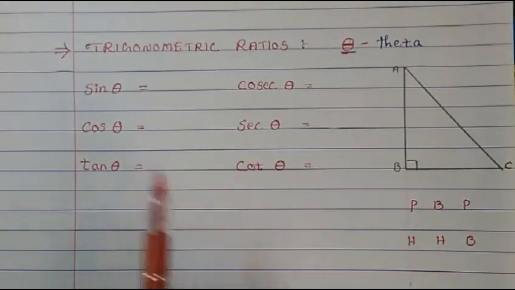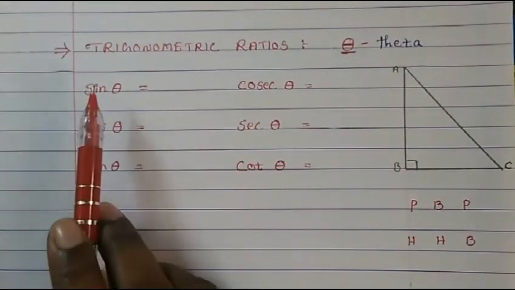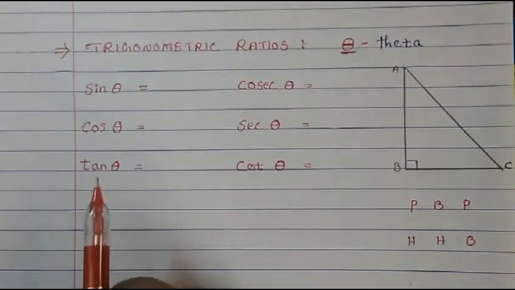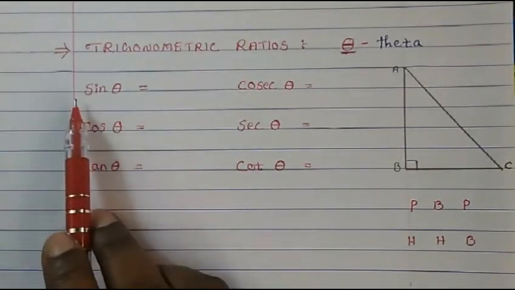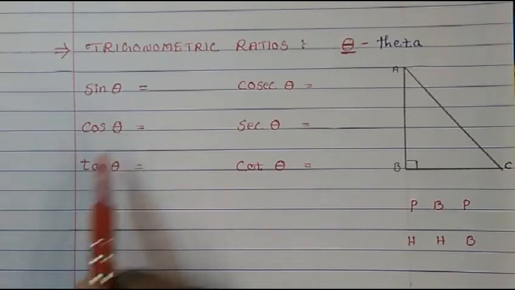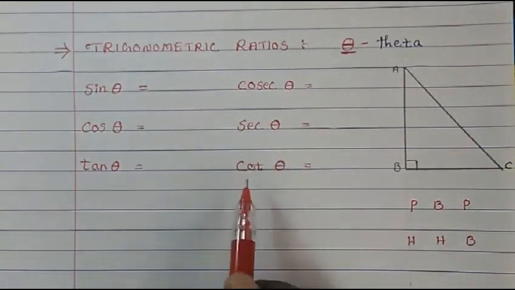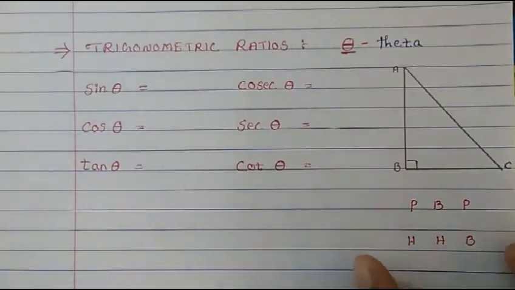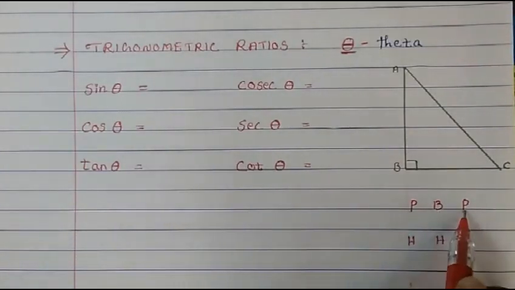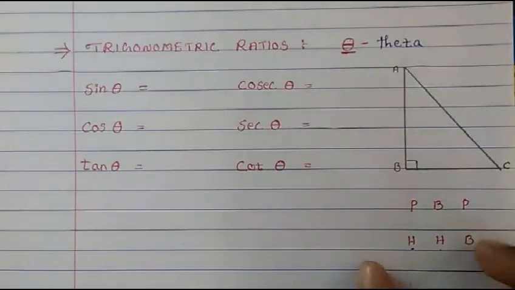You have to remember the sequence first, how to write it down, then you will not forget. Write down first sin theta, cos theta, tan theta, cosec theta, sec theta and cot theta, so that you don't get confused. Pandit Badri Prasad, her boli. This much you remember. Now we will make it a ratio.